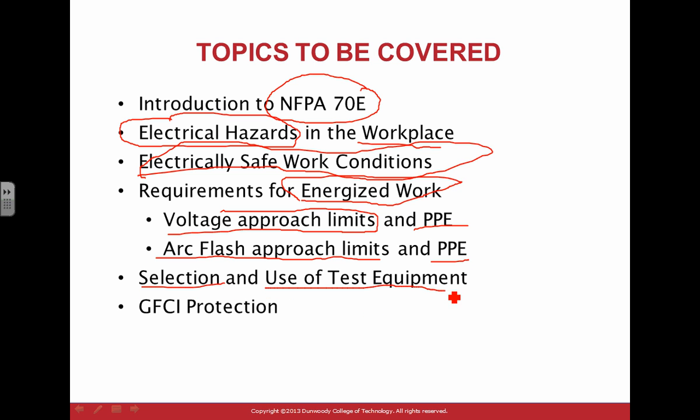Selection and use of testing equipment. The major component, guys, when we work on energized objects, on energized equipment, is to use the proper tools. And I'm sure you guys, I don't know, because you guys are technicians, have you used fully insulated electrical equipment in your line of work? Fully insulated.